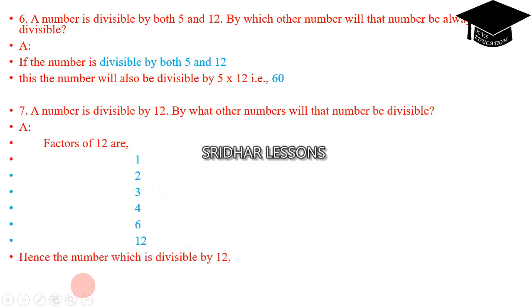So the number which is divisible by 12 is also divisible by 1, 2, 3, 4, 6 and 12 because these are the factors of 12. Okay. So a number divisible by 12 can also be divisible by all these numbers, the factors of 12.